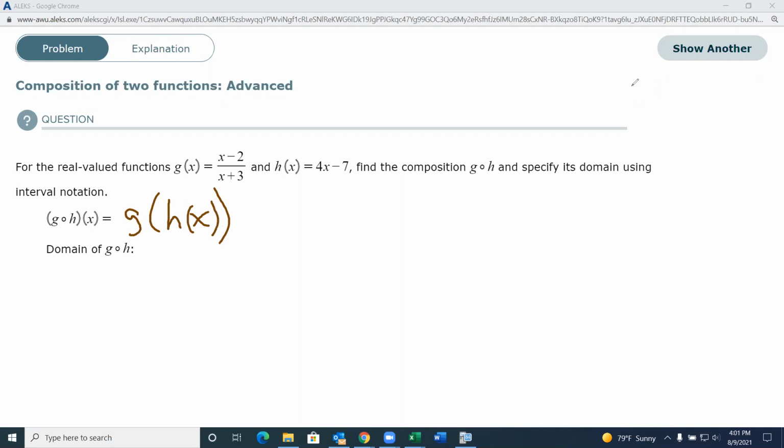Okay. So, just like if you said, hey, what's g of 1? You'd plug 1 in for x in the g function. All right, you replace the x's with 1. I'm going to do the same thing here, except I'm not plugging 1 in. I'm going to replace the x's with h of x.